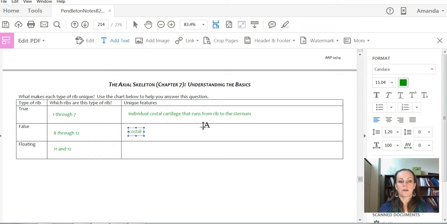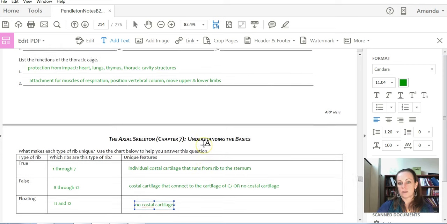They're either going to have a costal cartilage that connects to the cartilage of the rib above, so they don't have an individual cartilage that runs directly from that rib to the sternum, or no costal cartilage. Ribs 11 and 12 are the ones that have no costal cartilage, so they just kind of float there on their own. And so those are going to be the ribs.